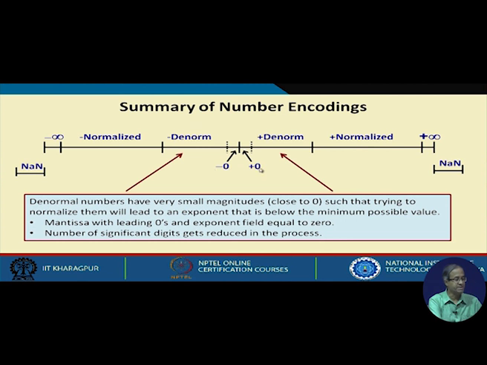So, there are two representations of 0, plus 0 and minus 0, and for very small numbers you can have denormalized numbers, and when you have normalized numbers it will be beyond that, and you can go up to plus infinity. Plus infinity is a special representation, minus infinity is also a special representation. Beyond that you have invalid numbers which are not a number, right. This is how you can summarize the encoding.